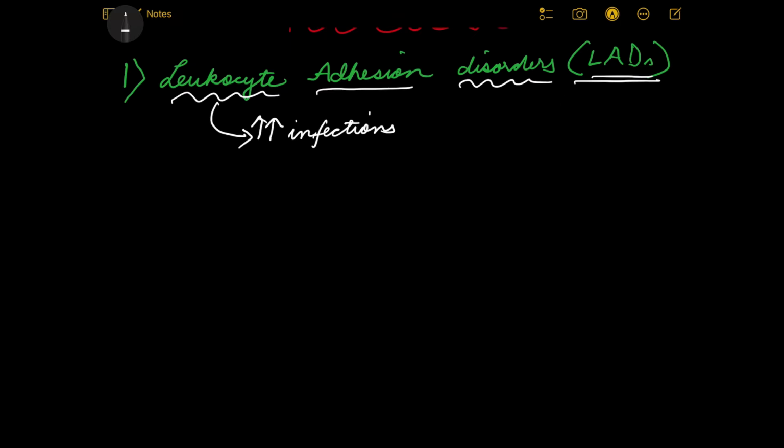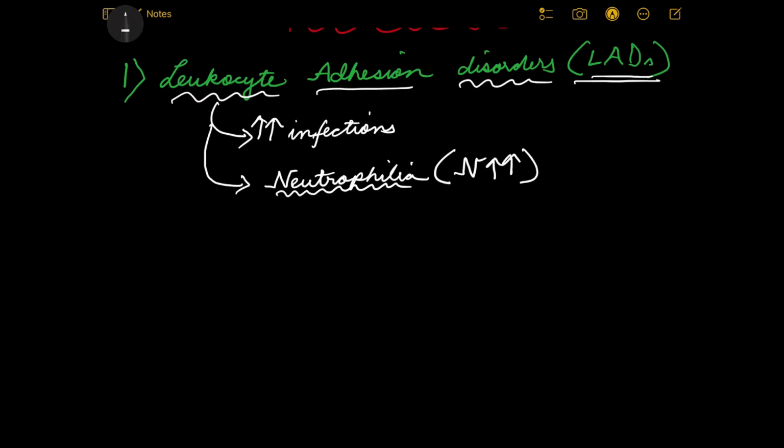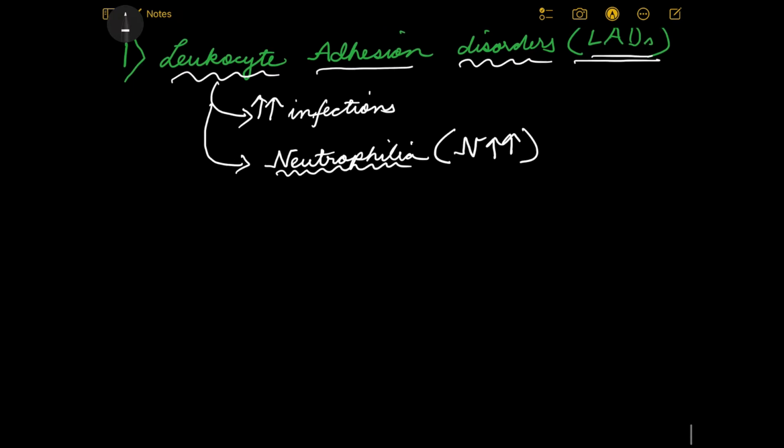Another clinical manifestation is neutrophilia. Neutrophilia means that there are very high numbers of neutrophils in the blood. Now, why is this the case? This is also pretty self-explanatory, but it's not as obvious as the first point.